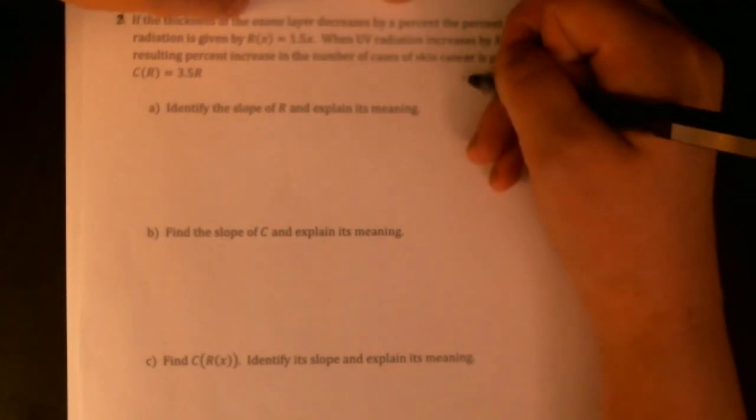Okay, so we have our two functions. If the thickness of the ozone layer decreases by X%, the percent increase in UV radiation is given by R of X equals 1.5X.